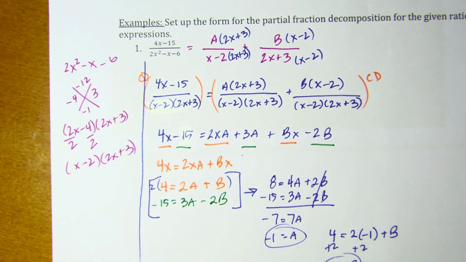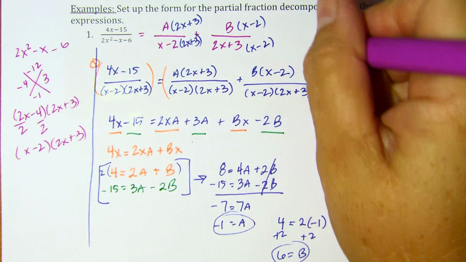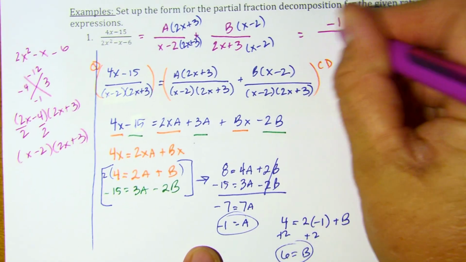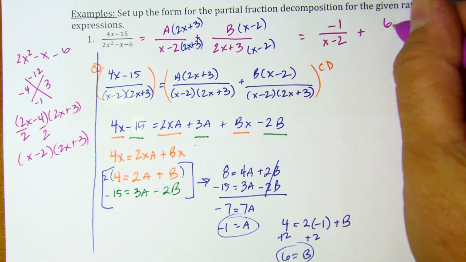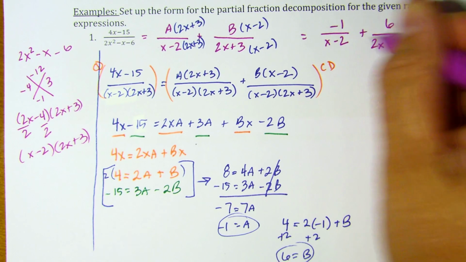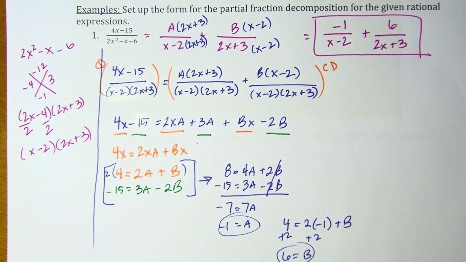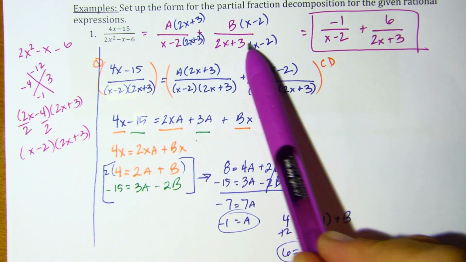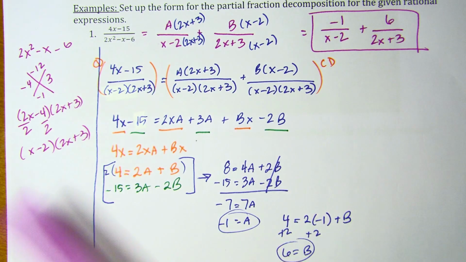So once I have those two pieces, I can go back to what we started with in the very beginning and say that this is equal to a is negative 1, so negative 1 over x minus 2, plus b is 6 over 2x plus 3. And it's important to write your answer like that and not just write a or b, because maybe you didn't write this one first. Maybe you wrote 2x plus 3 first, and then you wrote x minus 2 over here. Because there's no way to know which one you would put where.